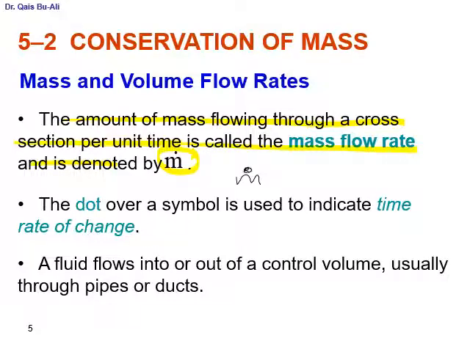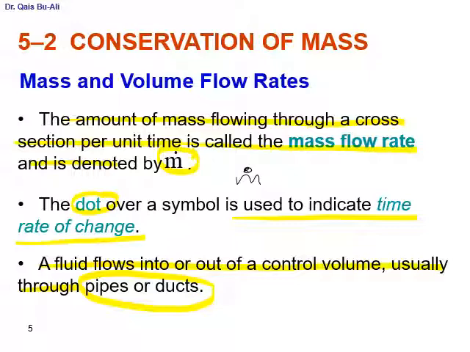This is a dot. And this dot, the dot over the symbol, is used to indicate time rate of change. If I have m with a dot, then I'm talking about the time rate of change of the variable itself. So a fluid flows into or out of a control volume, usually through pipes or ducts.